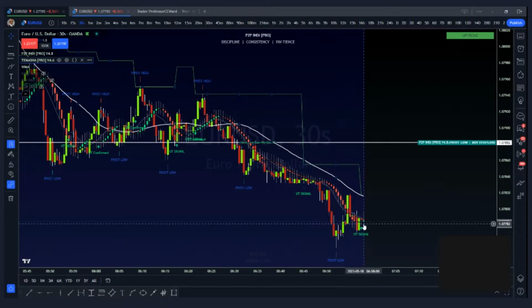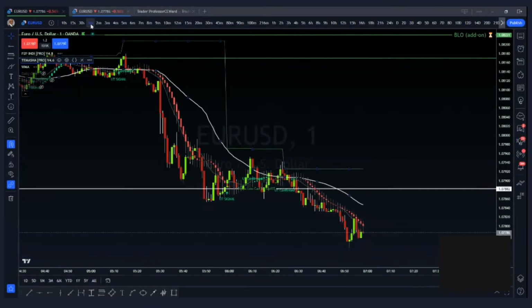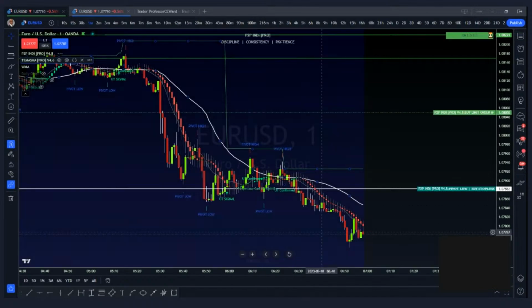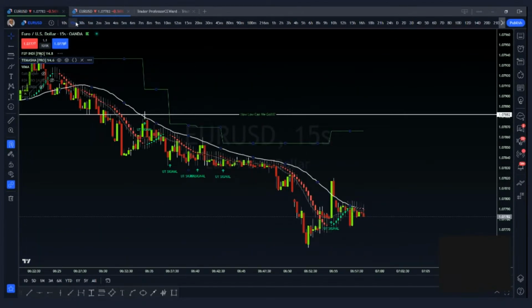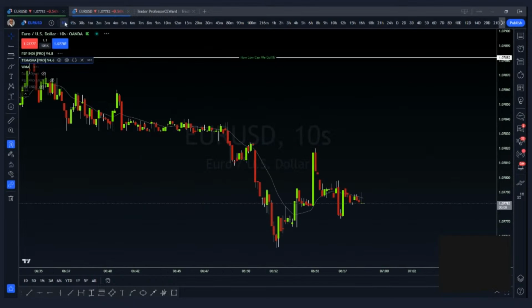We got an uptrend signal on the 30 second, but not the 1 minute. Hold on. Nope, nothing on the 1 minute. 30 second, we got an uptrend signal. 15 second uptrend signal. 10 second.